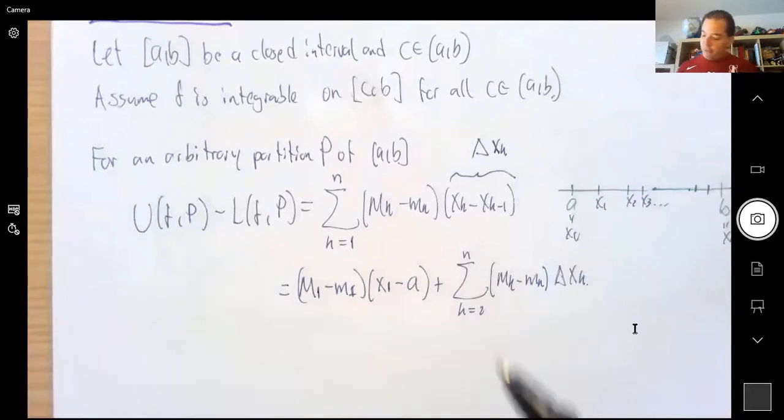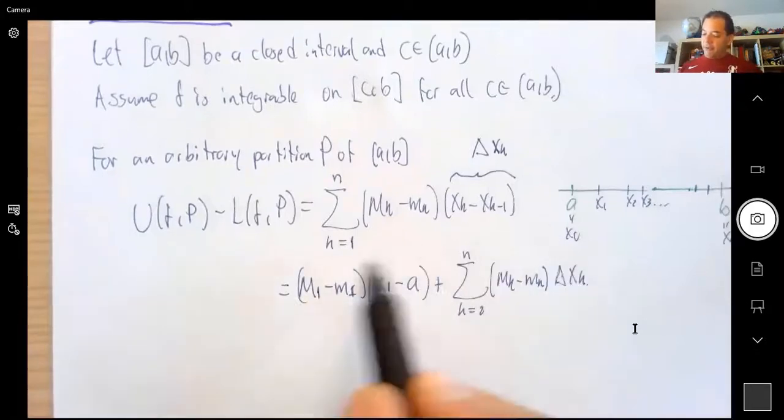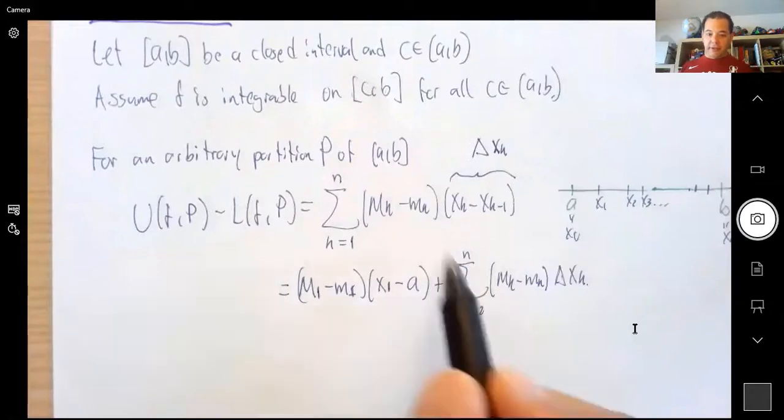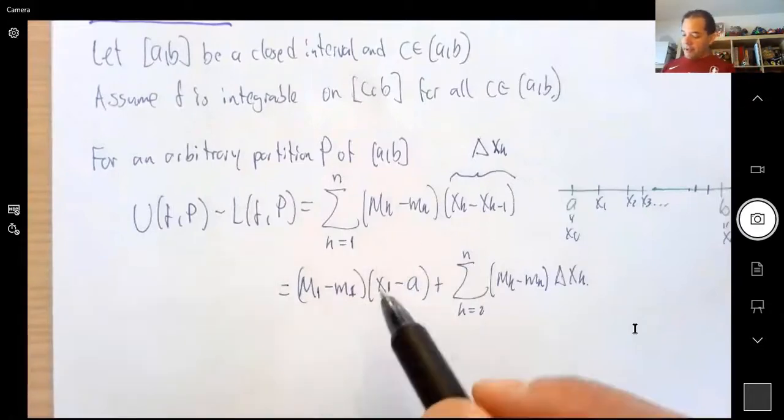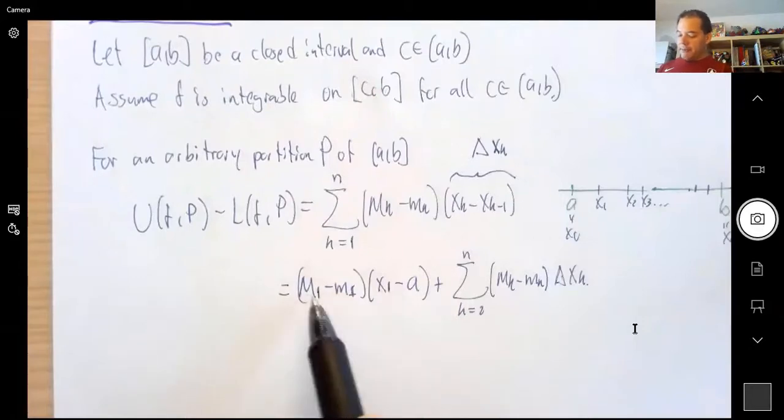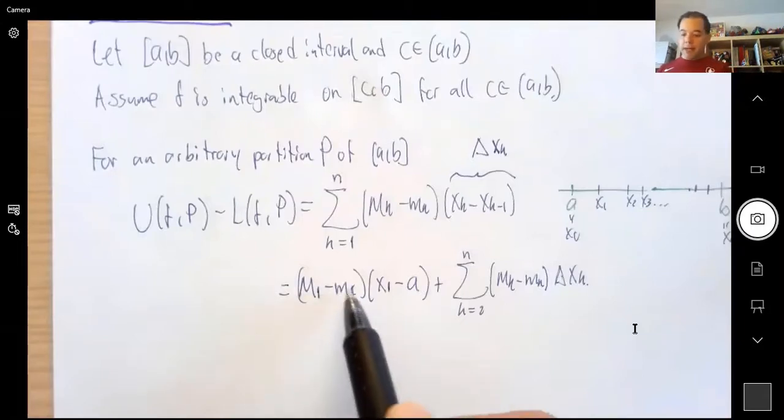So all I need to do now is see if I can control this other part, this part on the right. And this one we can also control because these two cannot be too big because the function is bounded. Because the function is bounded, the supremum and the infimum are going to be bounded. So this can be controlled.